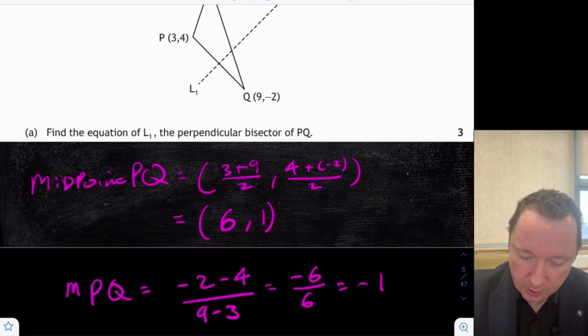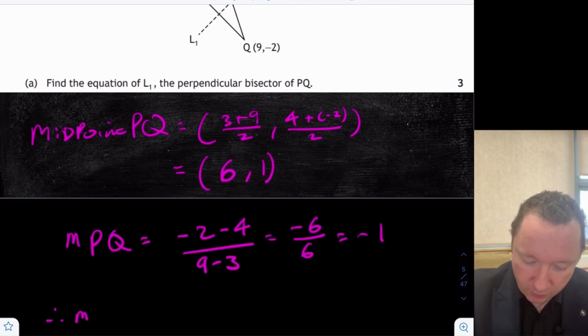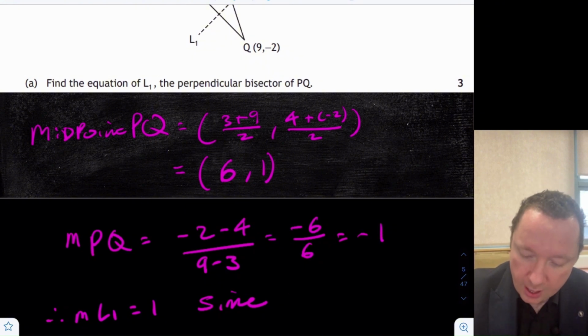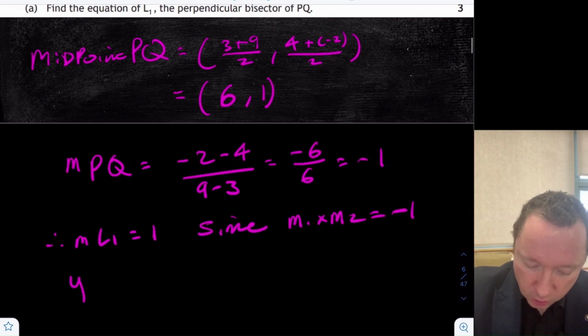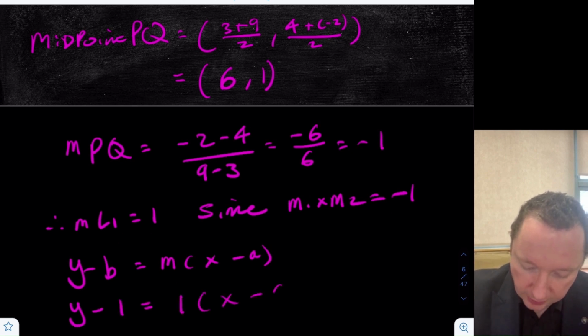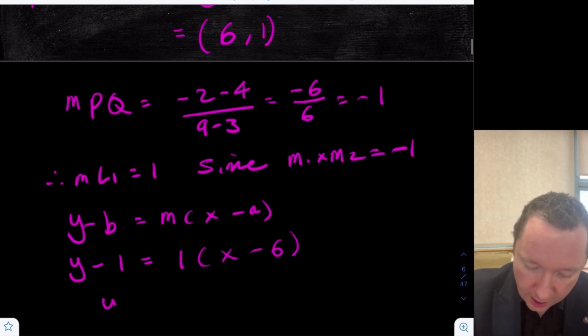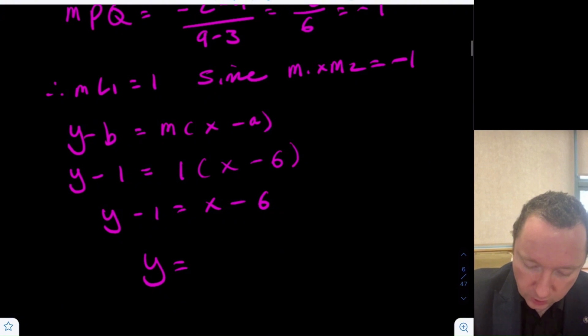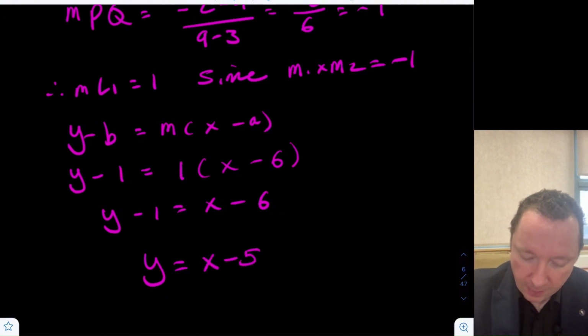So therefore, the gradient of L1 equals 1 since m1 times m2 equals minus 1. So now we can use y minus b equals m(x minus a). Y minus 1 is equal to 1(x minus 6), or y minus 1 equals x take away 6. So y equals x minus 5. And we're done there. Let's move on to part B.